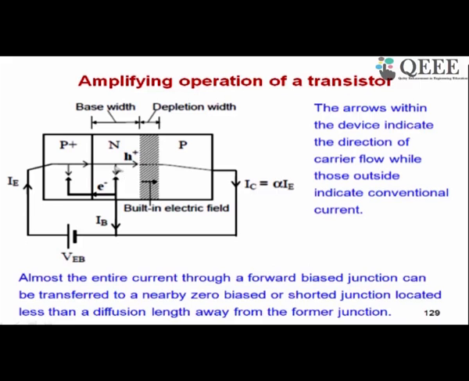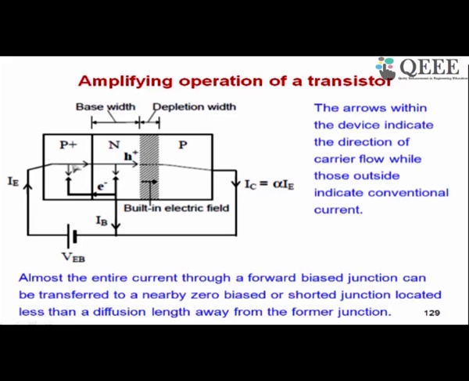Now this part is really very small because we want to keep the base width very small, and this part also is very small because it is due to electrons in the heavily doped P region, and electrons are minority carriers. So both these currents are small, therefore most of the emitter current is transferred to the collector.